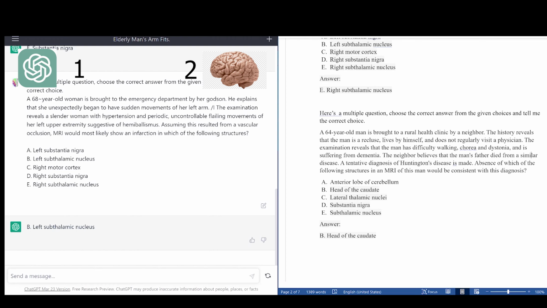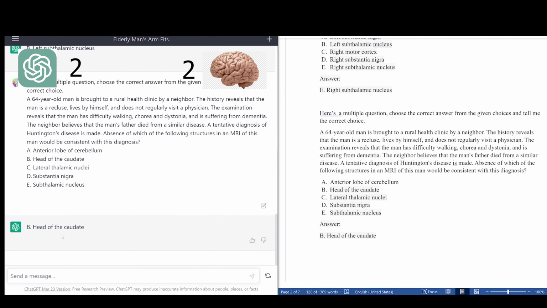A tentative diagnosis of Huntington disease is made. Absence of which of the following structures in the MRI of this man would be consistent with the diagnosis: anterior lobe of cerebellum, head of caudate, lateral thalamic nuclei, substantia nigra, subthalamic nucleus. Okay, let's copy paste it to ChatGPT.